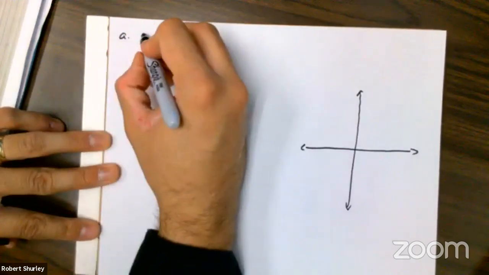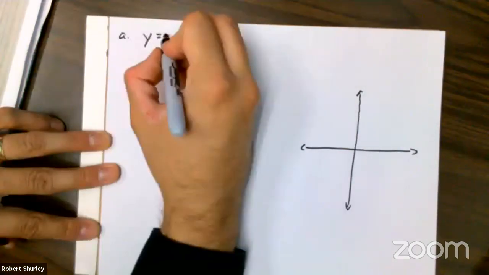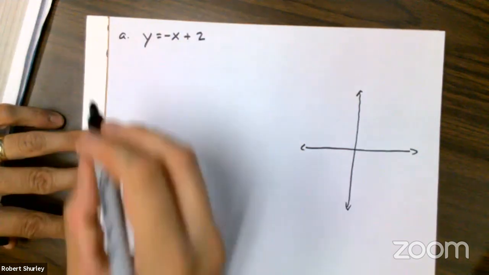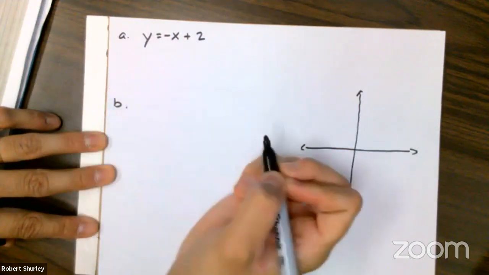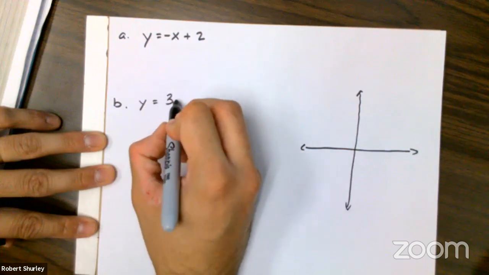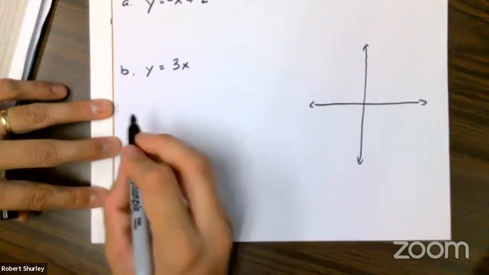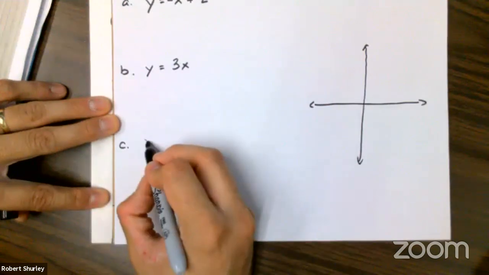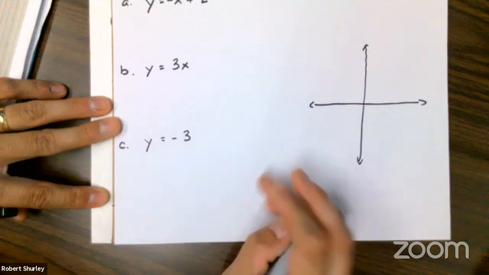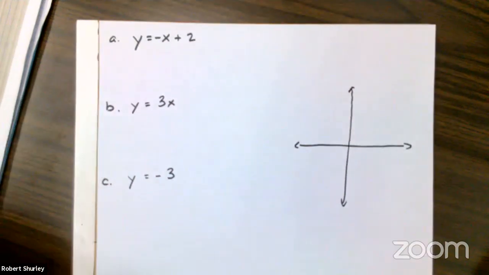Let's say we had y equals -x plus 2. And then let's say we had y equals 3x. And then let's say we had y equals -3.